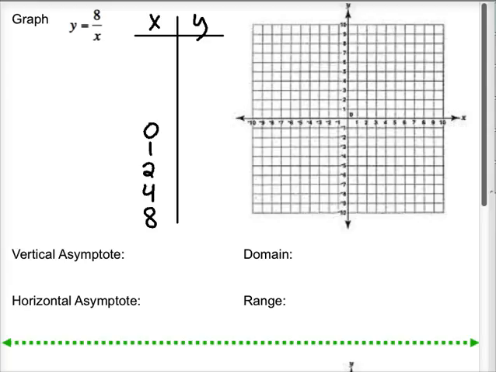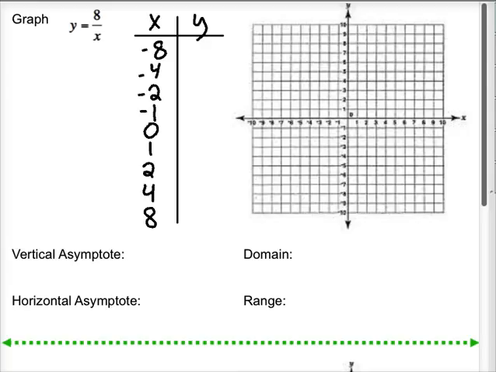All right? And that also means that the negatives would work. So that's how I construct my table. I start at 0, and then I include the numbers that divide 8. So 1, 2, 4, and 8 all evenly divide 8. And then I use the negatives as well.